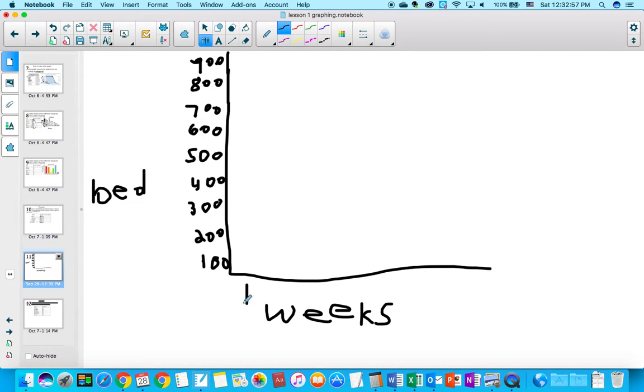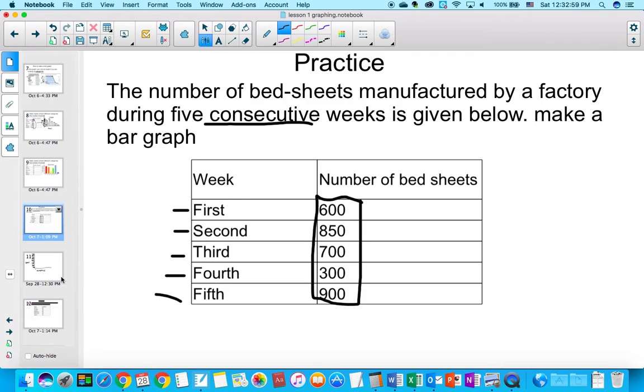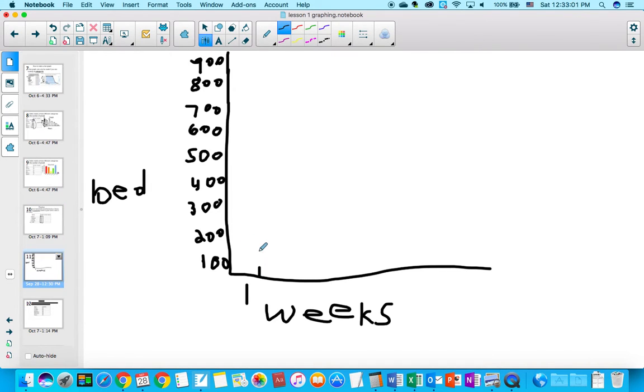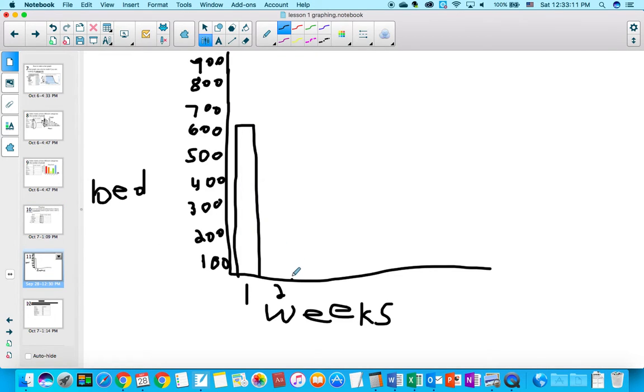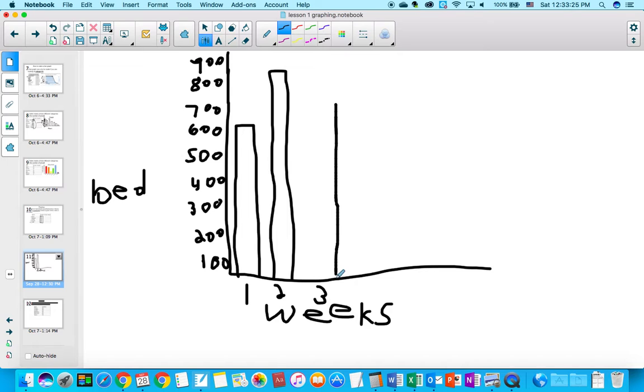So weeks, so first week, I'll put 1 as first week, 600. So I draw a bar to 600, right? And then we have the second week. Okay, 850, right? So then I draw a bar all the way up about halfway, and I go like that. I draw a bar down again. Not the best graph, but 700. So 3 would be 700, right?